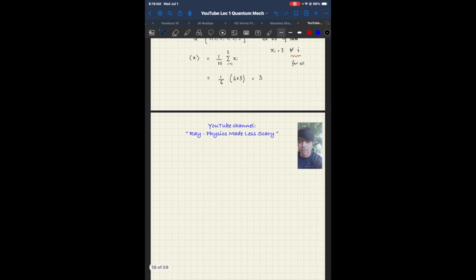Let's compute the variance and the standard deviation. And there's a reason why I'm doing this exercise. It will teach you something about what the standard deviation is.